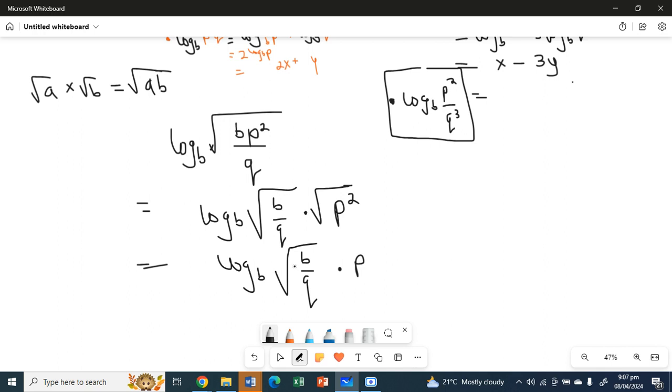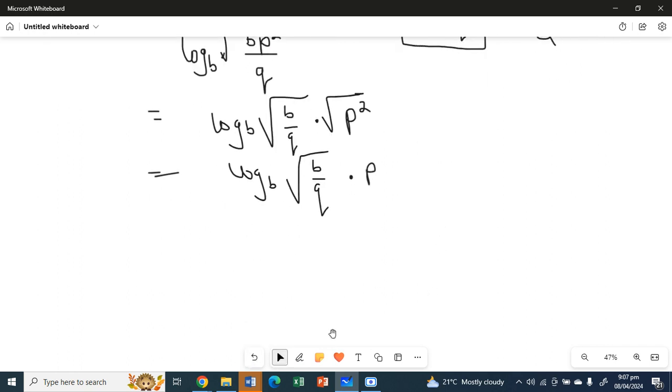In order to get rid of the remaining radical, you have to remember this law from indices: a to the power m over n equals the nth root of a to the power m. So if you want to get rid of a radical, you have to convert it into a fractional exponent, an exponent that is a fraction.